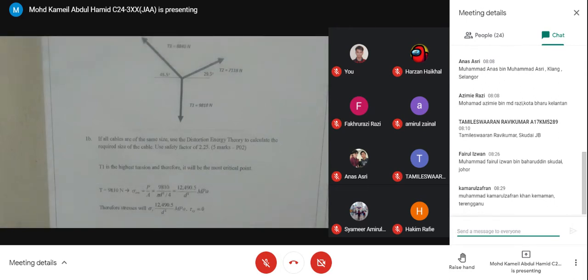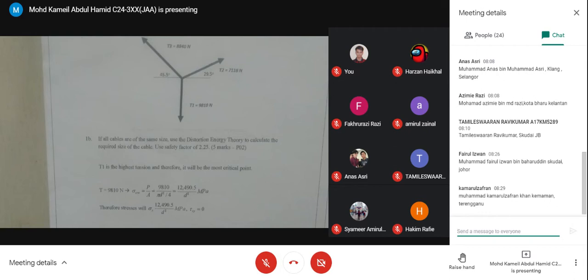Using sigma average, sigma axial is equal to P over A. P is 9810, and A is pi d squared over 4, where D is the diameter of the cable. So now we have that equation with D: 12,490.5 divided by D squared.